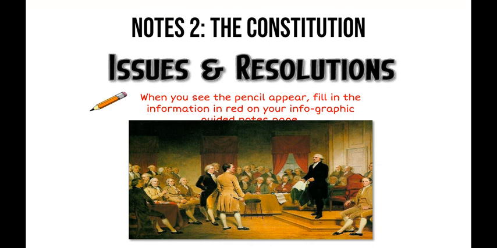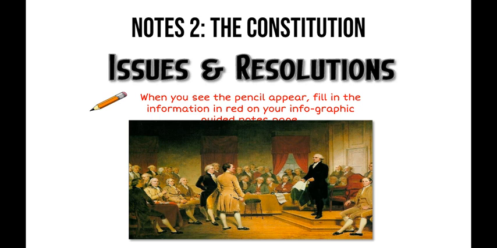There were 4 main issues that the delegates had to deal with at the Constitutional Convention. The first issue was how should states be represented in the legislative branch? The legislative branch was the lawmaking branch, and they wanted to make sure that the people had a voice.